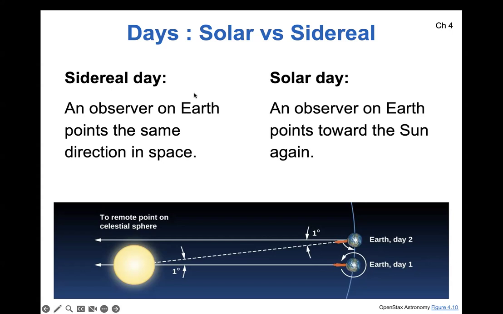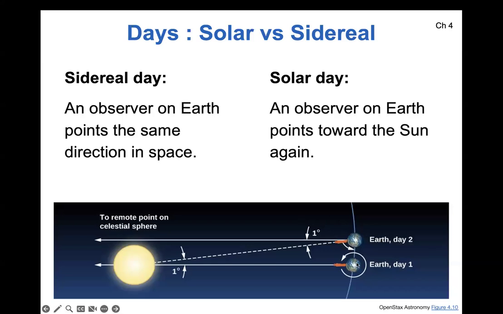Well, a sidereal day is how much time it takes for the planet to completely spin around. That's what it means. And the way it's often described is in a statement like this: an observer on Earth points the same direction in space.